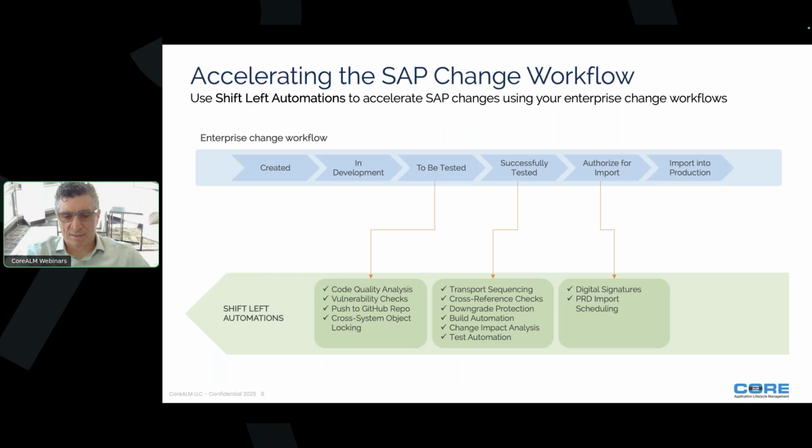I'm not going to go through all these in gory detail, but we can improve the flow of the transports into production as well. Especially, a lot of people are using BTP these days, or side-by-side extensions. Obviously, with clean core initiatives, everybody wants to minimize the changes to their core.